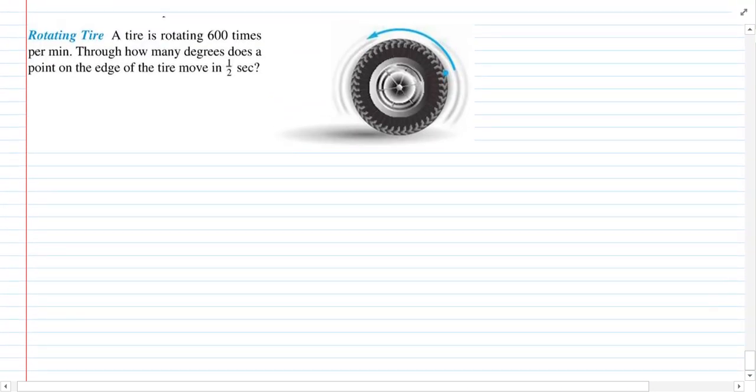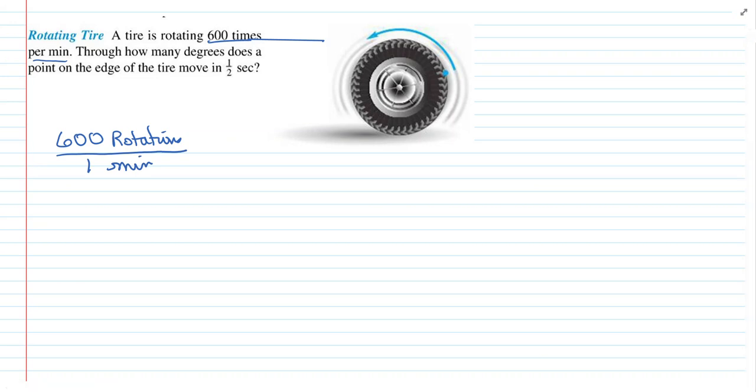All right, this is our last problem. I know you're exhausted. A tire is rotating 600 times per minute. So we're going to write this ratio: 600 rotations per 1 minute. Through how many degrees does the point of the edge of the tire move in a half second?